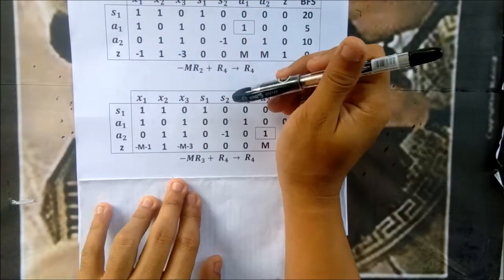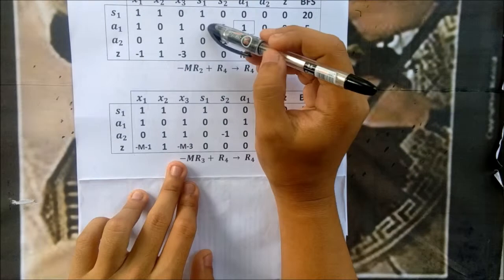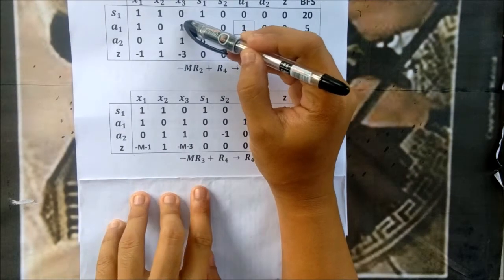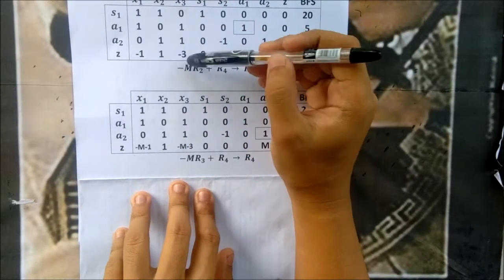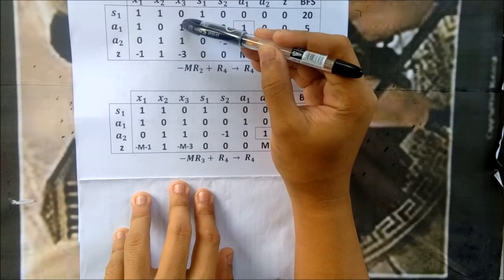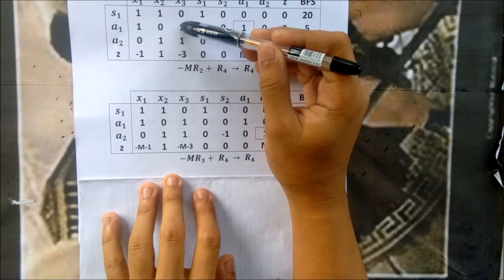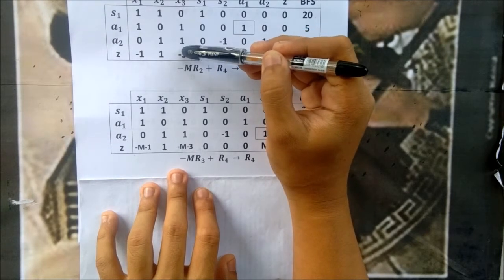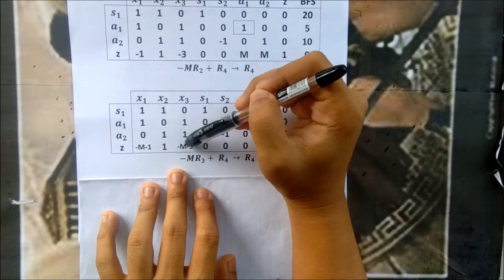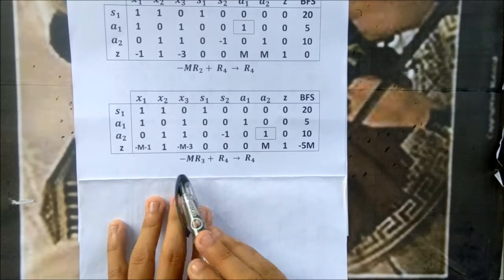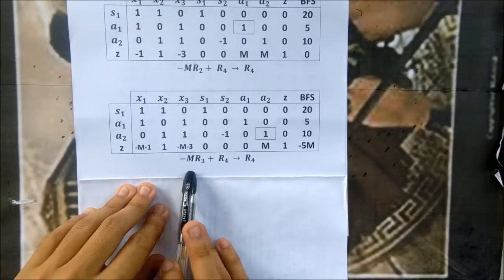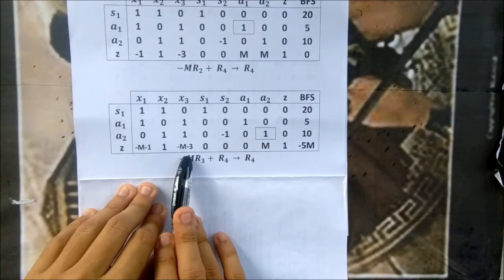Now here, negative M times row 2 is negative M, plus negative 3, so it is negative M minus 3.